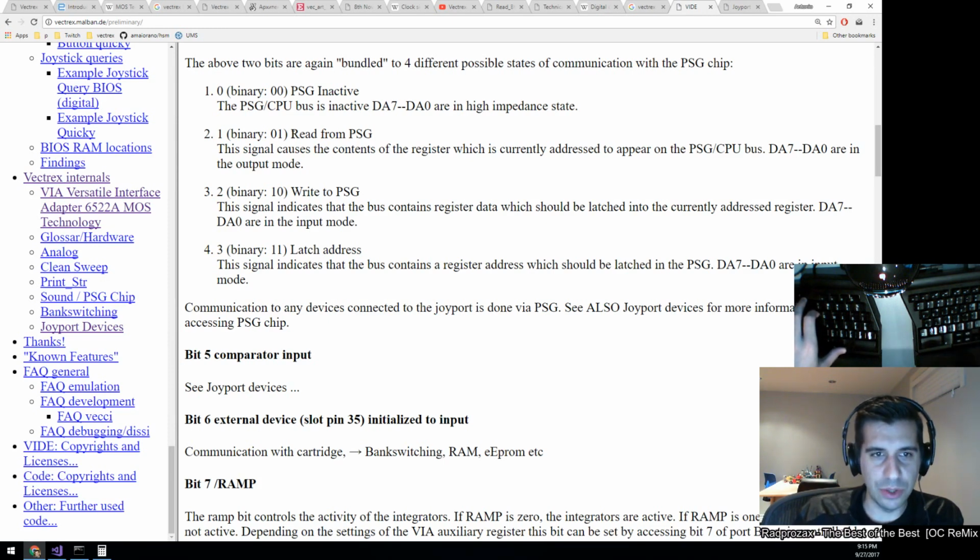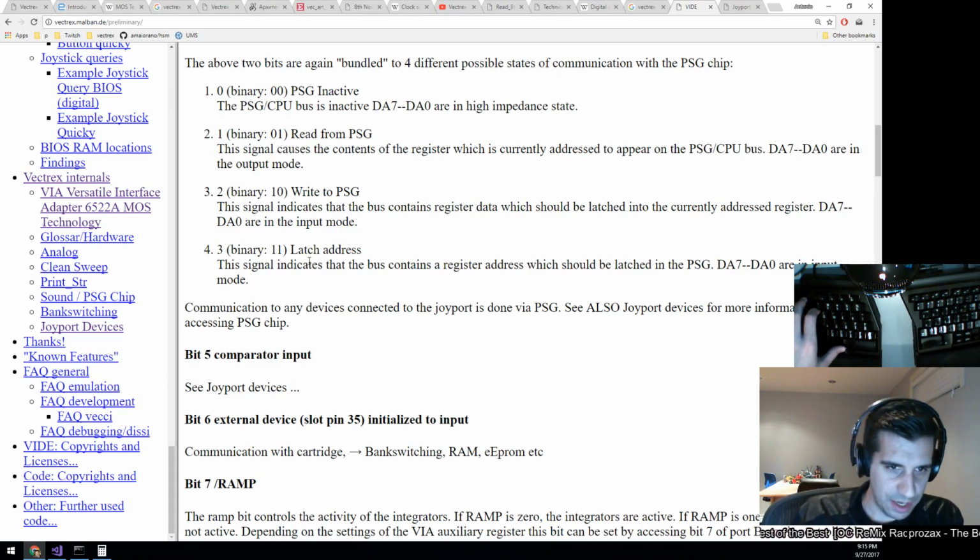We're saying, I want to get those values. Alternatively, we have the write mode, which says, I'm going to be writing values to port A, and I want those values to be sent to the currently addressed register on the sound chip. So there's some way that we specify which register on the sound chip, and then we know how to pass input or get output from it.